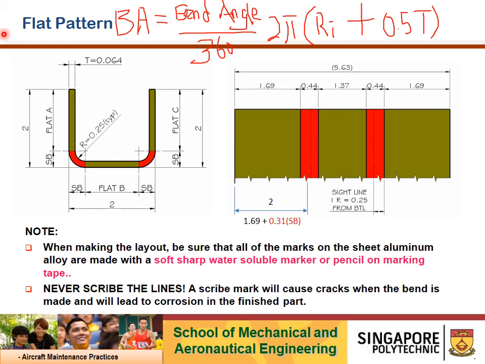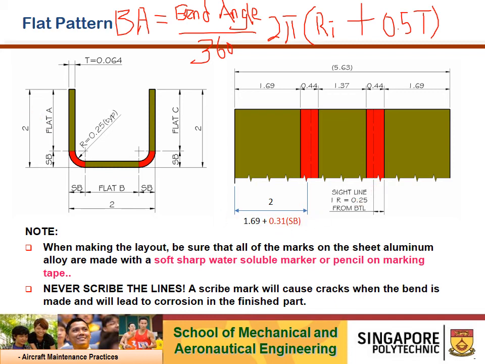Okay. So I give you a few moments before I move to the next slide. Before we move on, do take note that there's a sightline. The sightline is to tell you where to insert your metal piece in the pan and box bending machine.